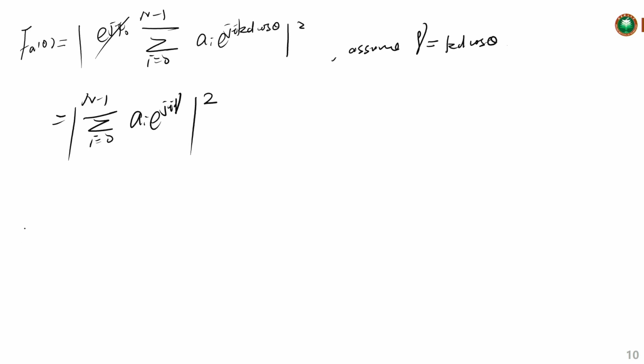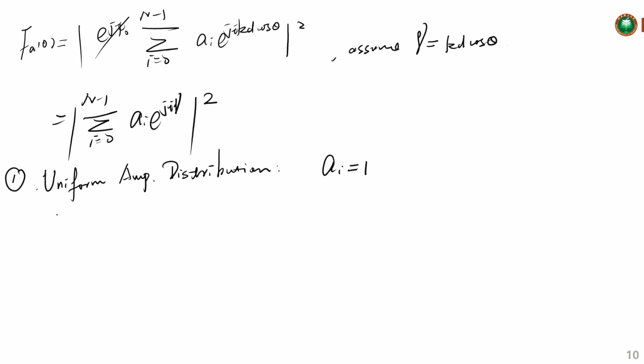So now let's assume the amplitude is distributed uniformly, a uniform amplitude distribution, so that means a_i always equals 1.